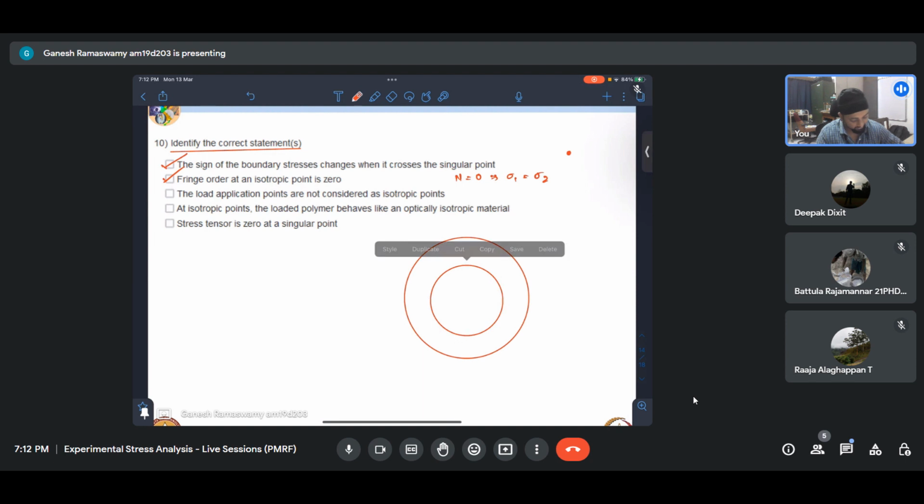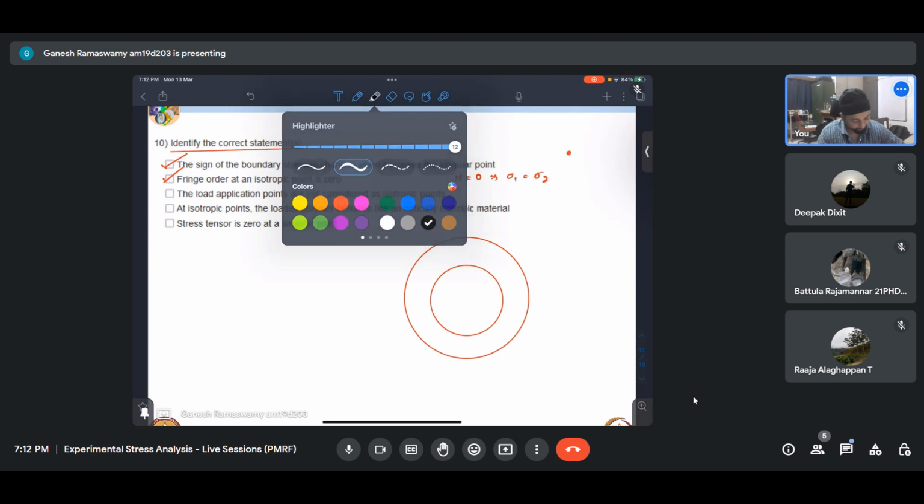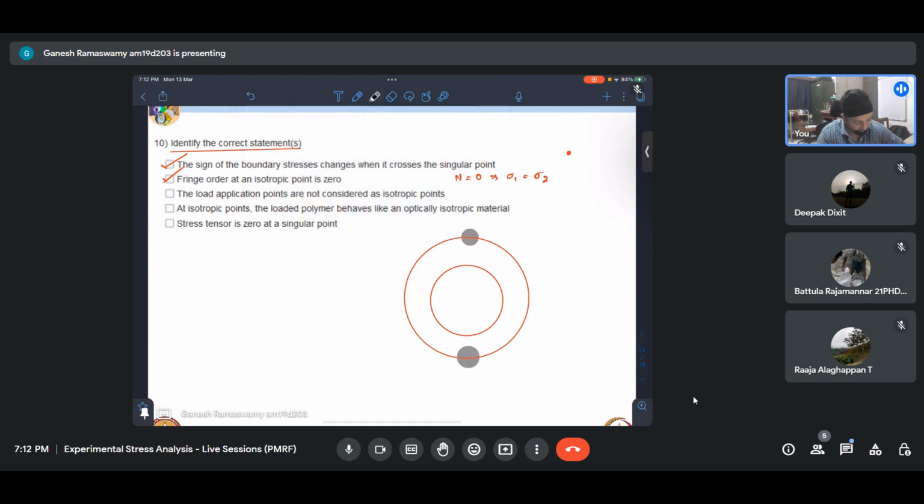So the candidates for isotropic points would be many. We will have them here, then we will have 2 isotropic points here, and then 4 here, and then 4 of them here. But the top and bottom one happen to be the load application points where you again see that all the isoclinics appear to meet.